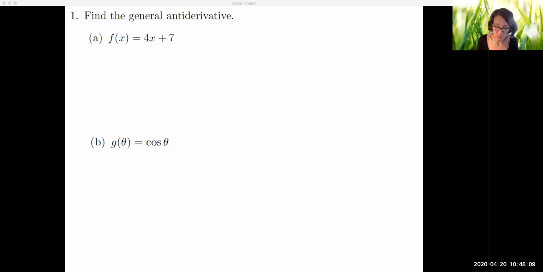I'm going to go through the first couple of problems kind of quickly. In part A, the antiderivative should be capital F of x equals 2x squared plus 7x plus C. If you differentiate that, you can check my answer, but that should be your final answer.